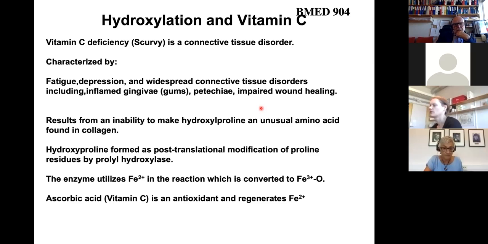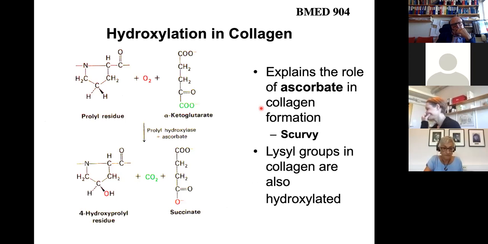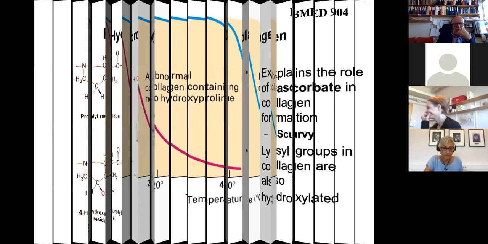So the enzyme that does the hydroxylation is called prolyl hydroxylase, and there are different prolyl hydroxylases. The enzyme needs iron and vitamin C to put on this OH group on the proline.